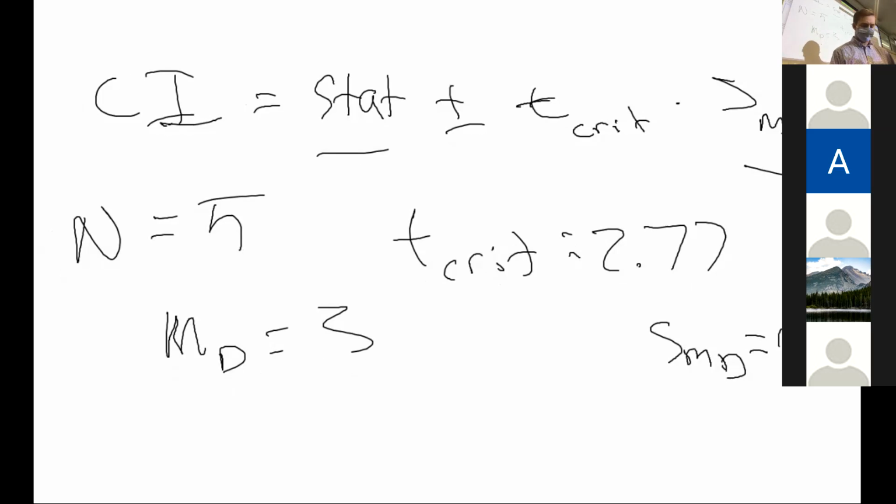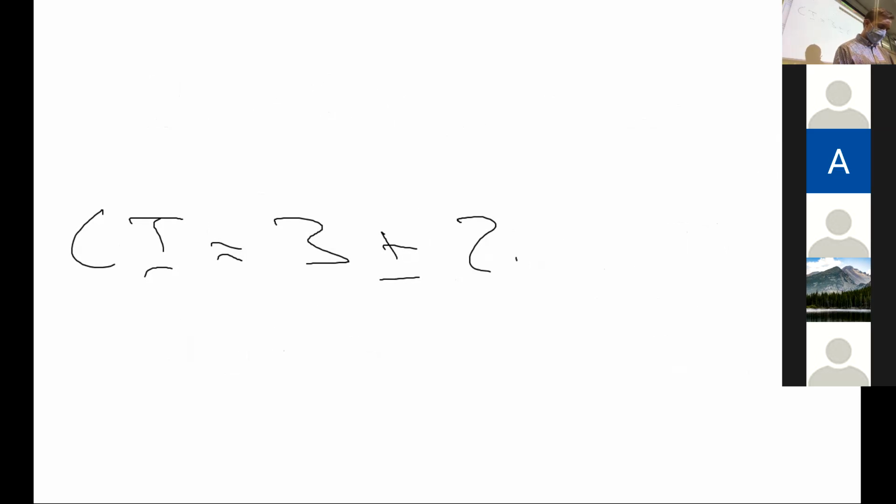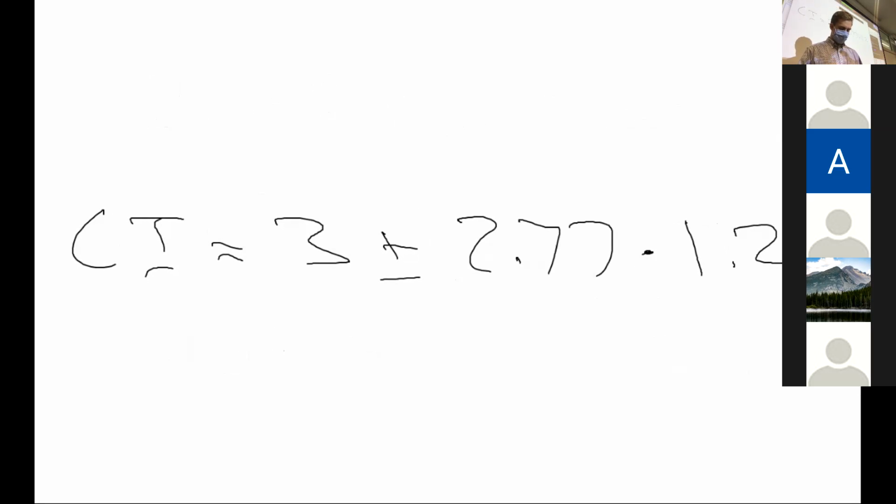So our confidence interval is equal to 3 plus or minus the t critical, 2.77, times that 1.2. 2.77 times 1.2 is 3.32. So our confidence interval would be 3 plus or minus 3.32.